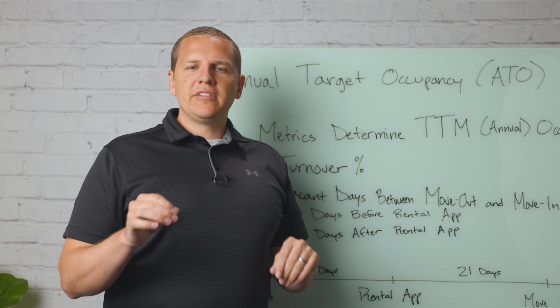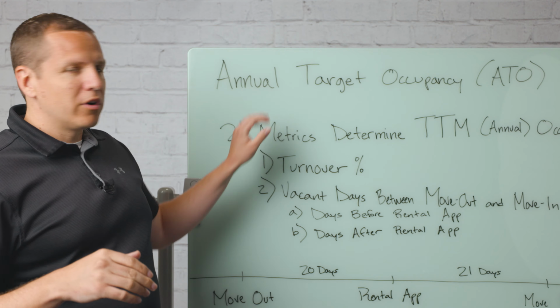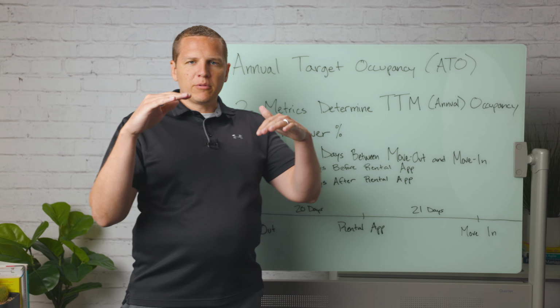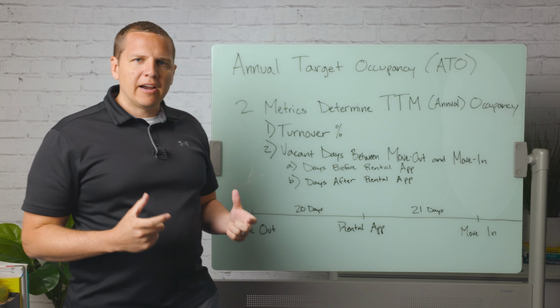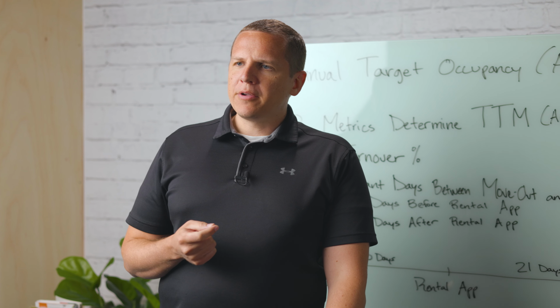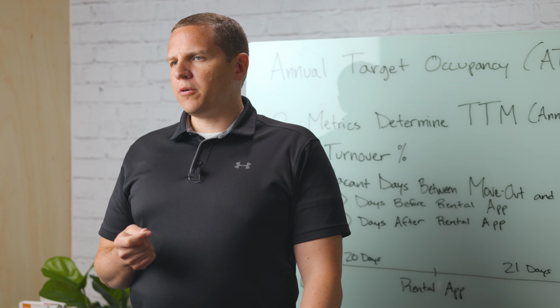This is the occupancy target that we're shooting for over an entire year, hence the word annual. We know this will adjust for seasonality reasons, but we want to know, what is your target for the entire year?